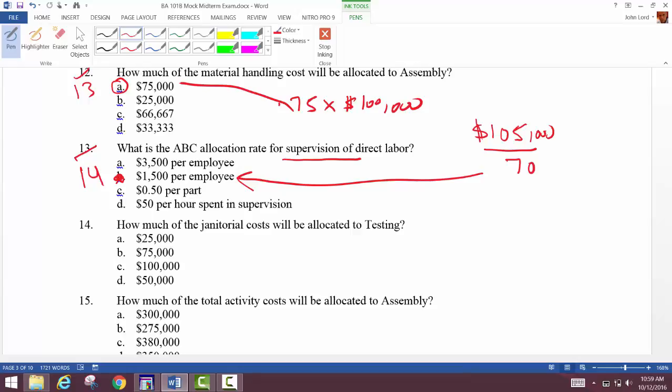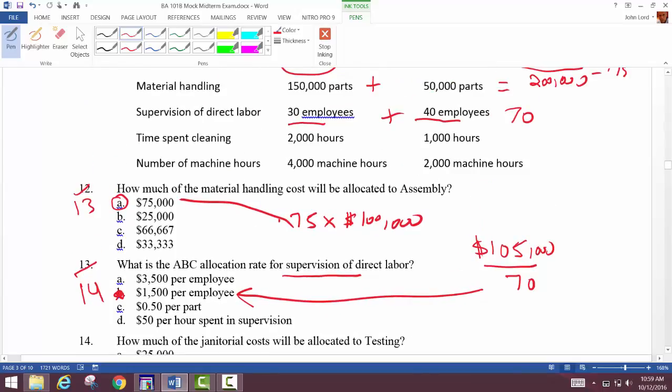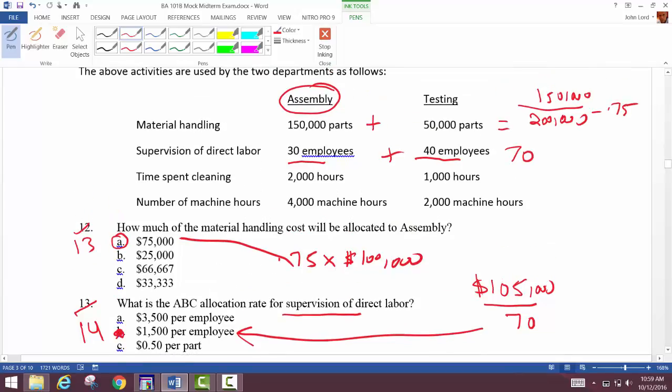Somehow like divided by 12. They had a 30 employee, right, for the supervision. Huh? Say that again? Oh, they had 30 employees.